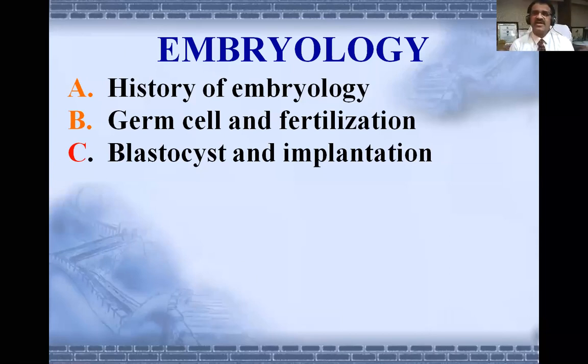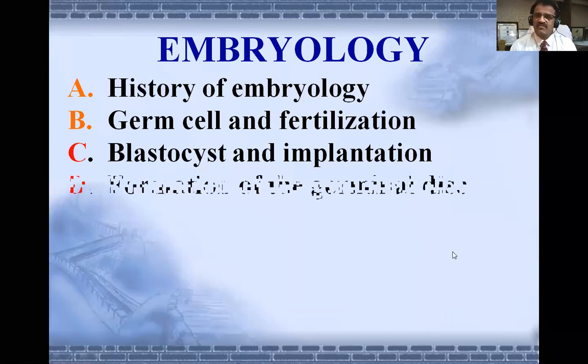Morus means mulberry, not strawberry. Mulberry is very small compared to strawberry. It is also called tutu. So if you have seen the mulberry fruit, compare it with the morula, and then blastocyst which is hollow, morula which is solid. These are all things we studied yesterday, and today we are going a little further.